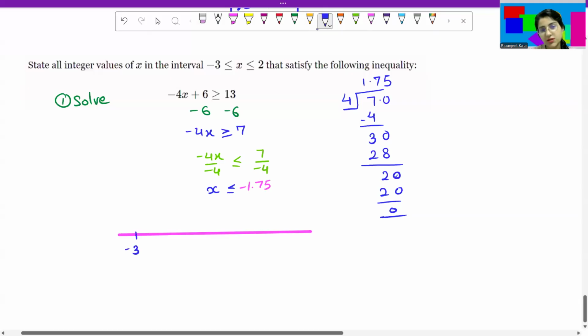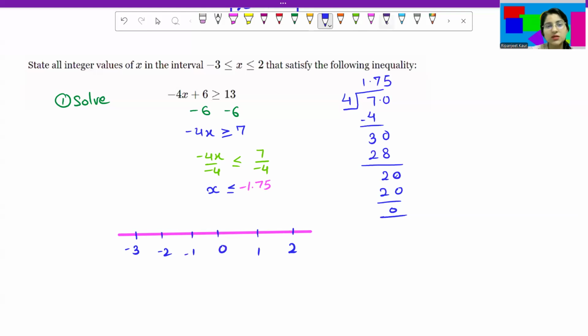Here is our negative 3 and here is our 2. And the number that we have found is negative 1.75. So let's say this is negative 2, this is negative 1, this is 0, this is 1, and they have set negative 1.75. So what do we do next? Since it's less than, anything in between negative 3 and 2, we have to look for something in between those that are less than negative 1.75.